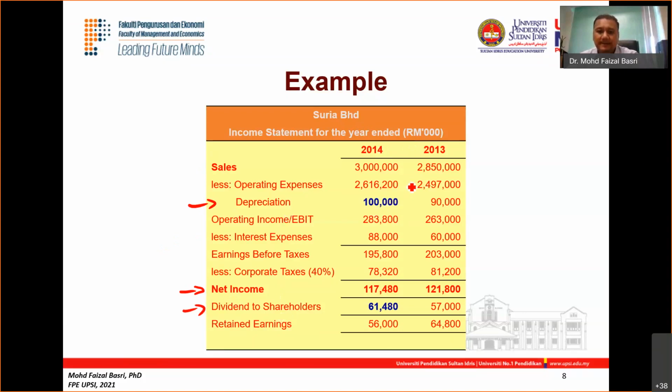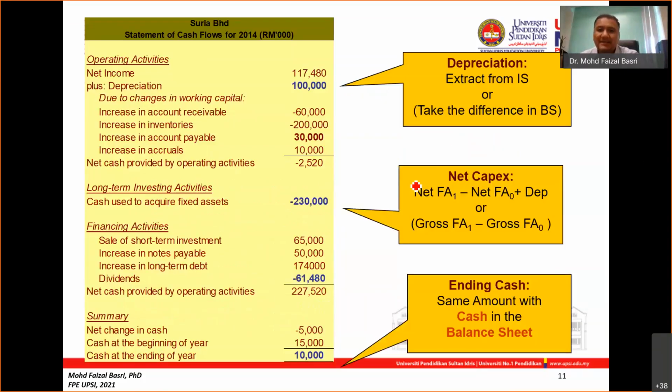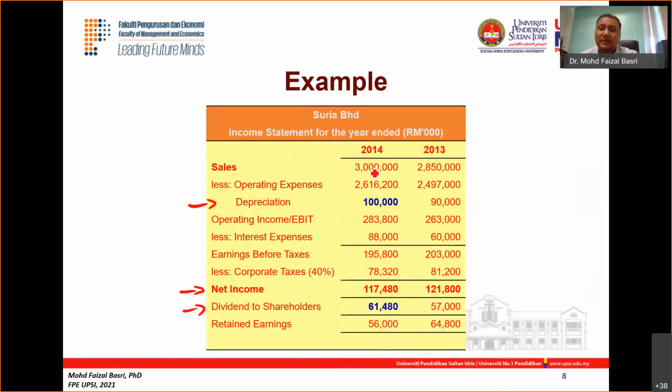And these items, for this question, it's already given here. Okay, it's already given because in some questions you might need to find the values yourself, especially depreciation or even dividend. Okay, but for this question, it's already given to you.